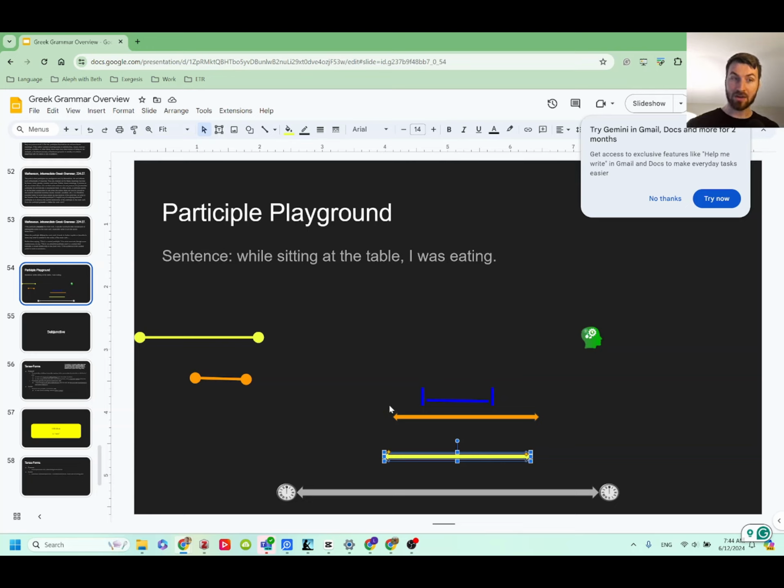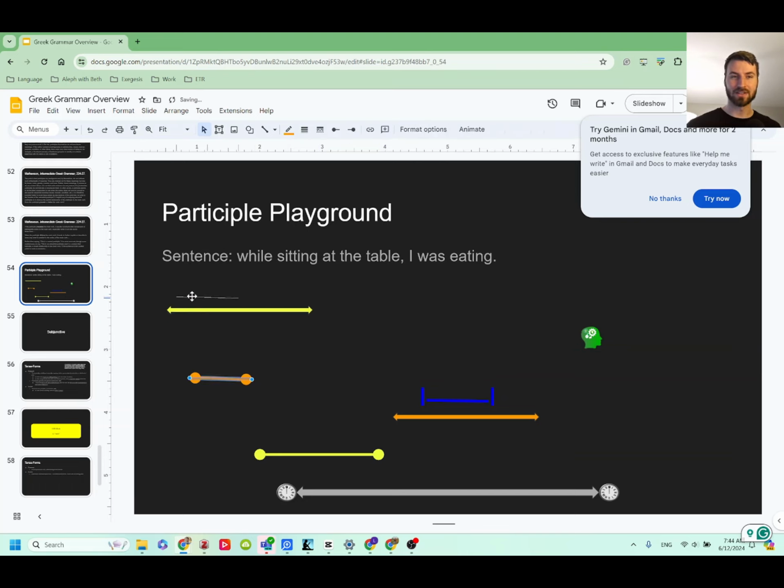The aorist, however, is going to use perfective aspect. And so it'll look something like this. Often the aorist participle is talking about sequence. Something happened that creates the background for the ongoing action of the main verb.